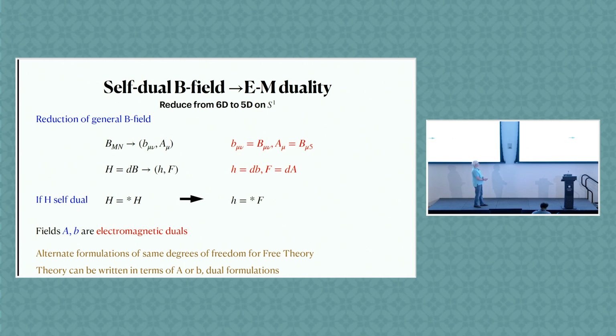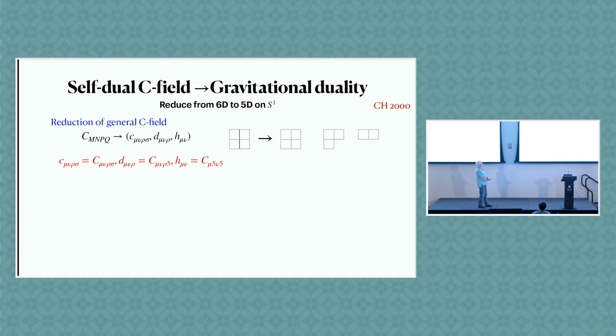We could eliminate B in terms of A, for example, and get a Maxwell theory in terms of A, or we could instead write it in terms of B, and we get dual formulations of the theory. There's a similar story for the gravitational field.